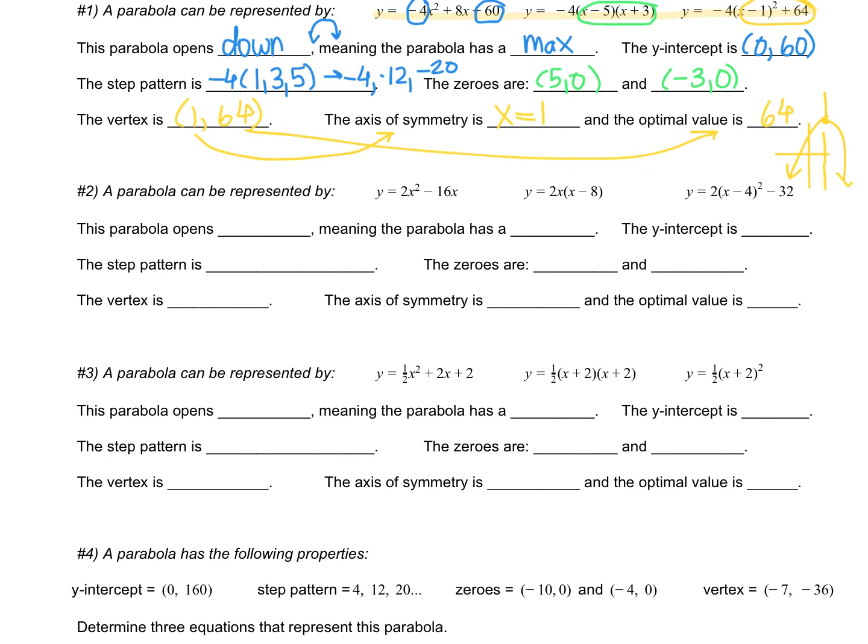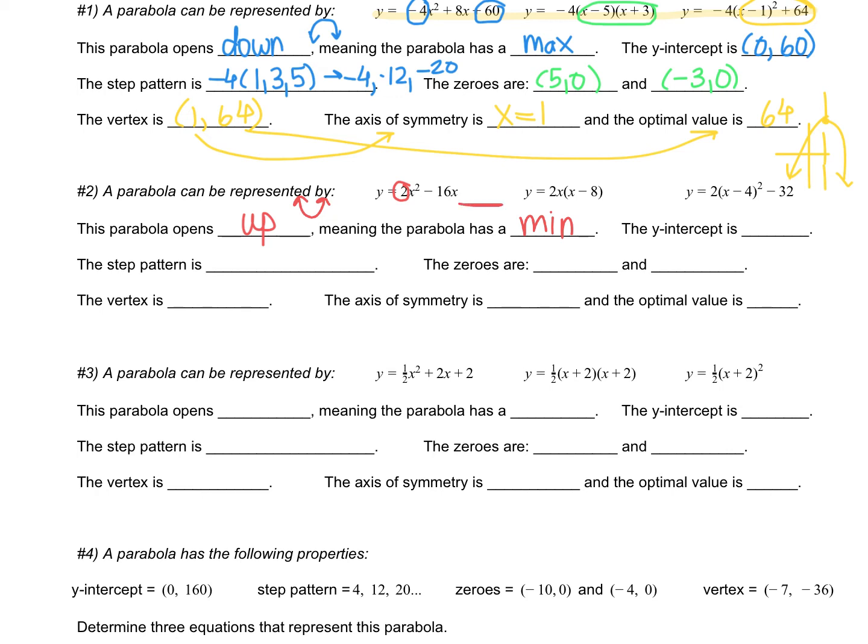Okay, let's try this next one. The parabola is going to open up because our a value is positive 2. And because our parabola opens up, that means it might look something like this, which means there is a minimum value. And now the y-intercept would be the constant in standard form.